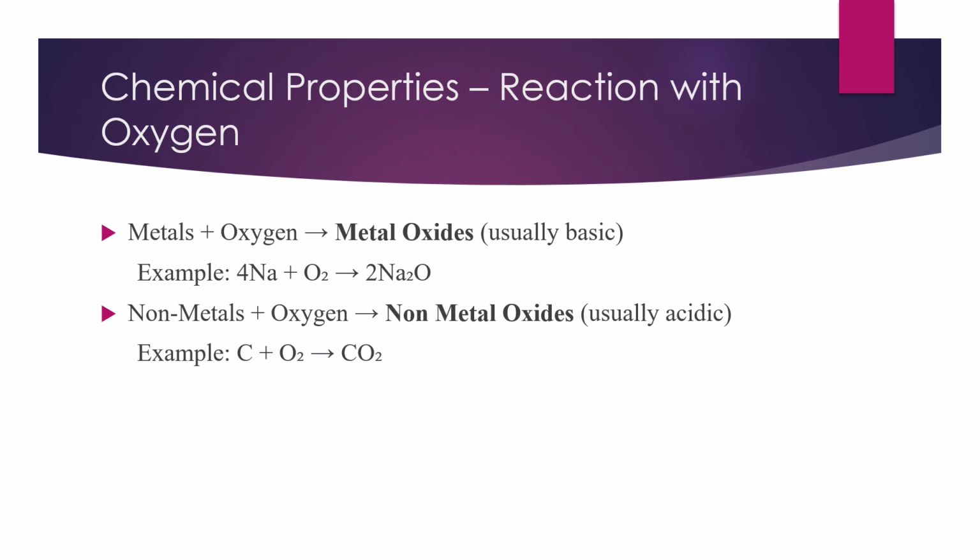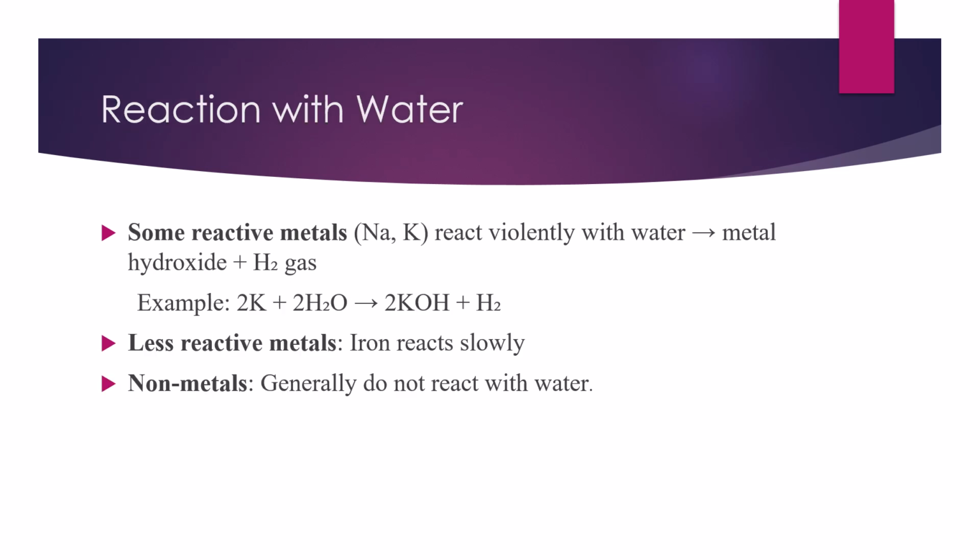Next is non-metals. Non-metals react with oxygen to give non-metal oxides. They are usually acidic. For example, carbon reacts with oxygen to give carbon dioxide. Next chemical property is reaction with water.